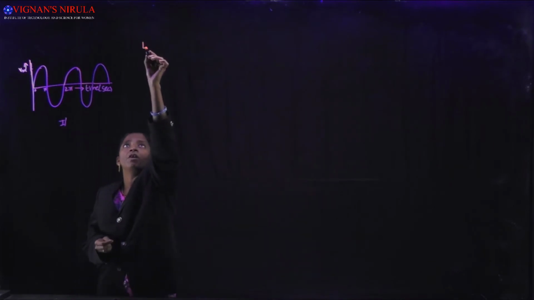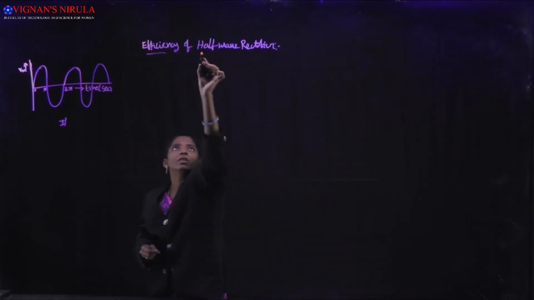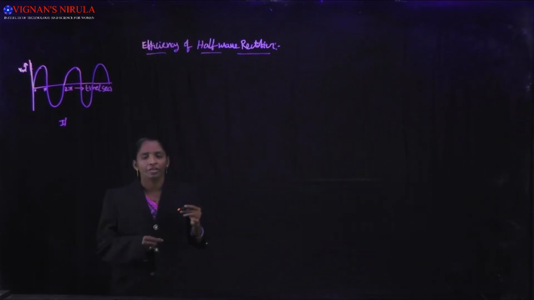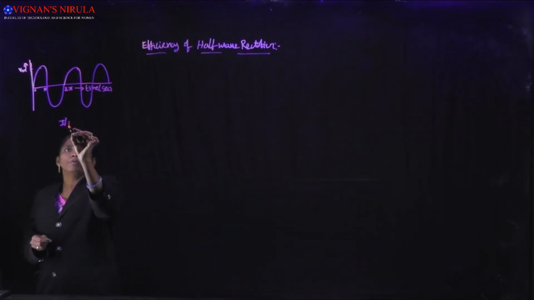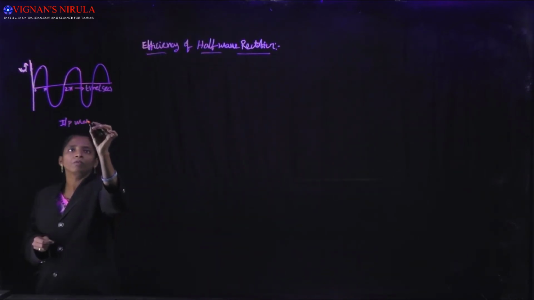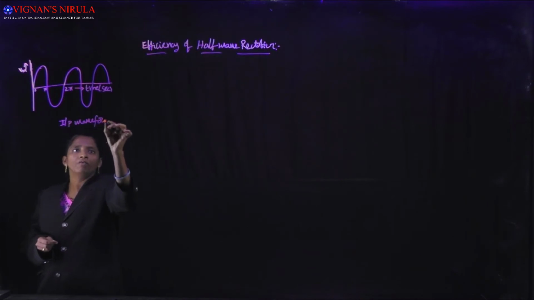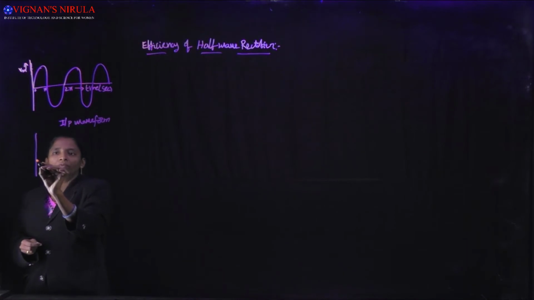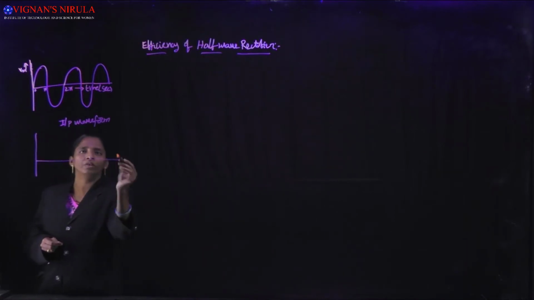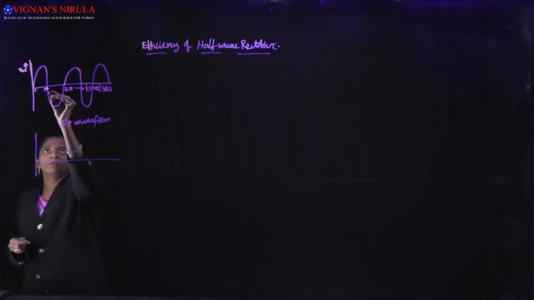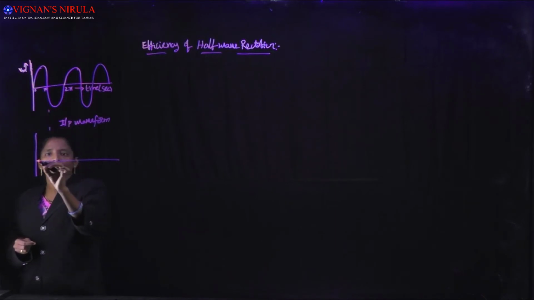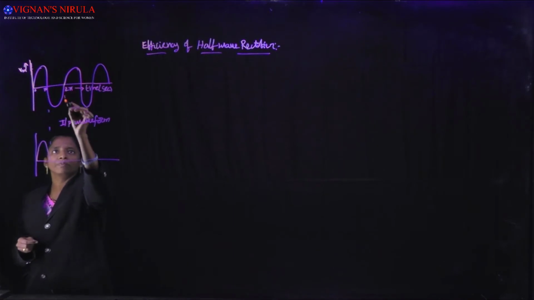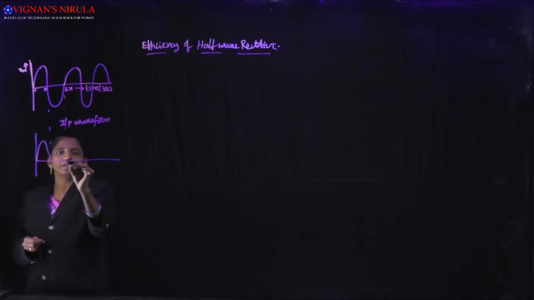Efficiency of the half-wave rectifier. This is the input waveform for the half-wave rectifier, and this is the output waveform. We get output for the positive half cycle only. During the negative half cycle, the output is 0.